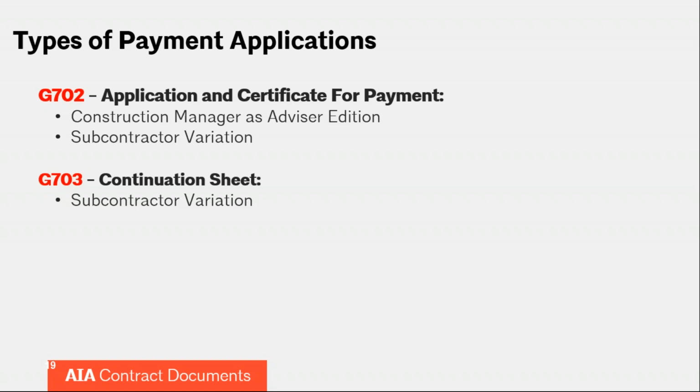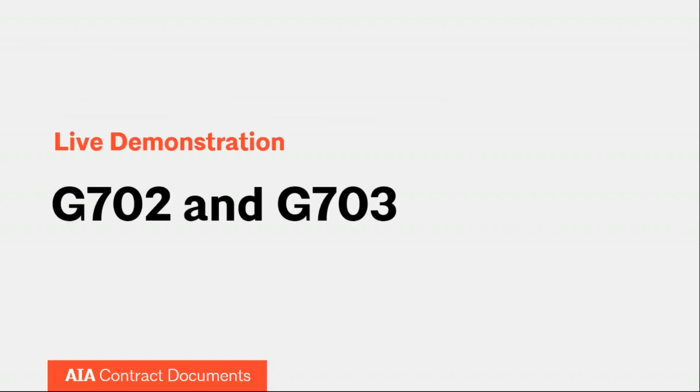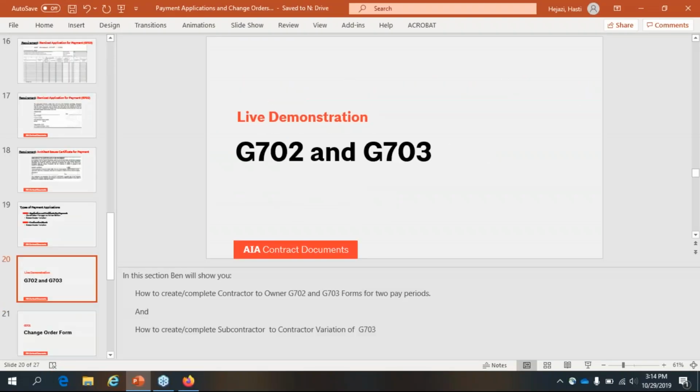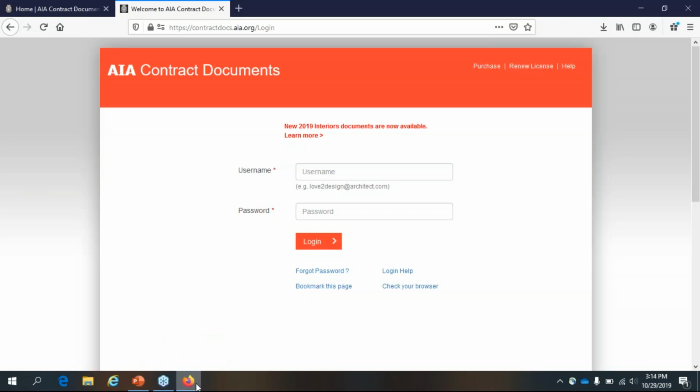And then same for the G703, there is a subcontractor version, but again, the form actually operates the exact same way that it does for the non-subcontractor version. So I'm going to turn it over to Ben now, and he's going to go through a live demonstration on how to complete G702, G703 under various different scenarios, and then we'll turn our attention back to the change order form.